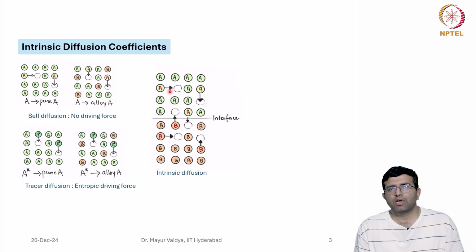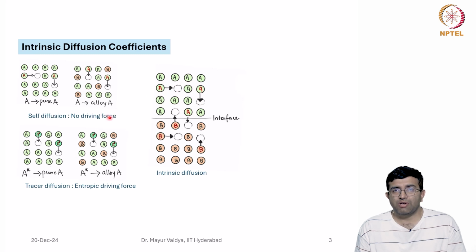These atoms are moving across the interface, as well as, to reach the interface, they have to diffuse within their own lattice. Now, you see there is a difference here and here in terms of the driving forces.